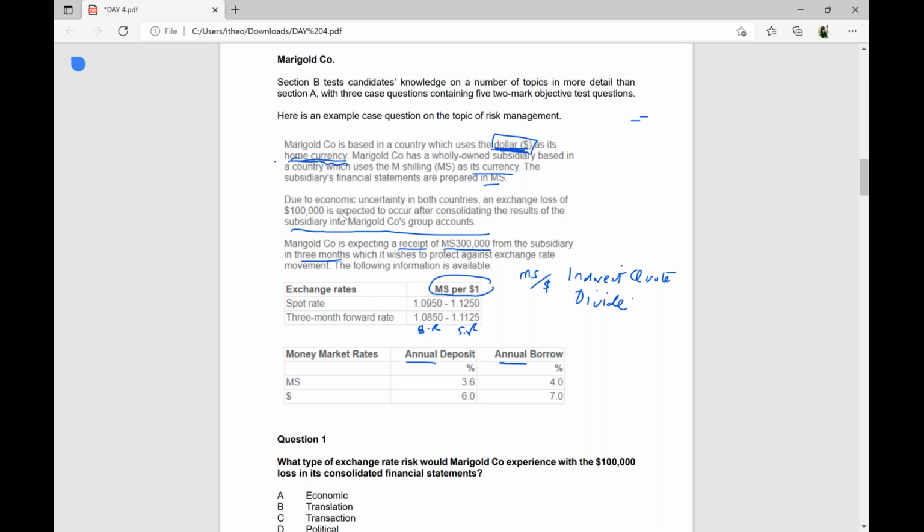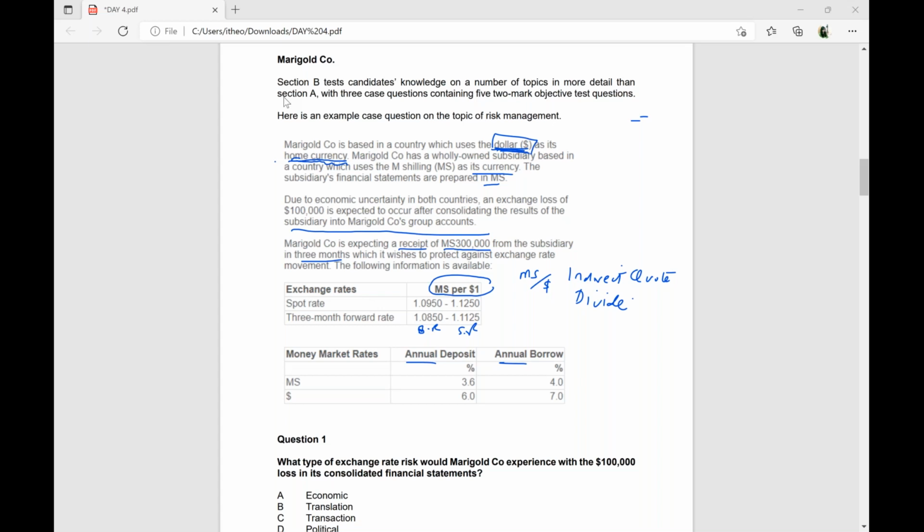So Marigold uses dollar as its home currency, and it has a subsidiary which uses shillings.